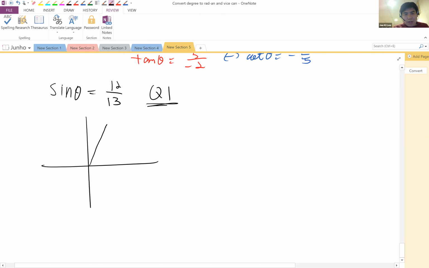Okay, so this graph is right here, and this is 13, this is 12. Now, we know a lot, so this becomes 5. So sine theta is given, 12 over 13 already. Cosine theta, 5 over 13. Tangent theta, 12 over 5.